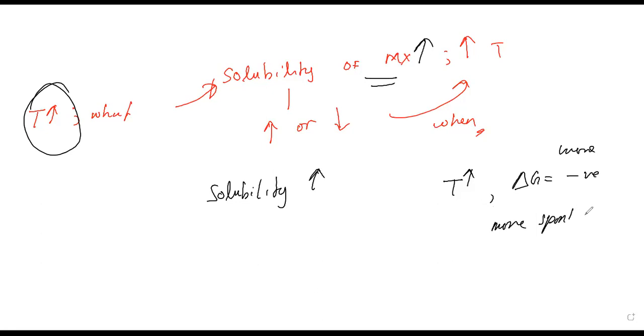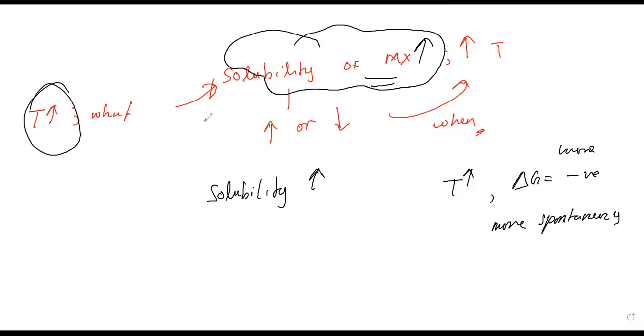So spontaneous means the solubility of the MX should be increased, then only that reaction will be feasible. So the answer is it will be increased. Why? When you increase the temperature, the dissolution of the MX in water also will be increased. As your delta G becomes more negative, it will reach a spontaneous reaction.